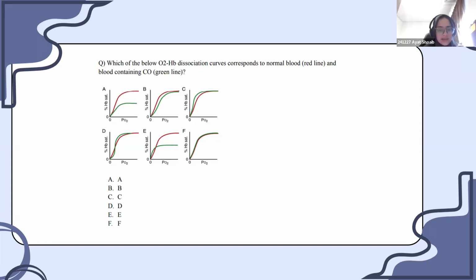Okay, the answer is E. So this is because here it's asking about carbon monoxide, right? It's increasing the affinity.